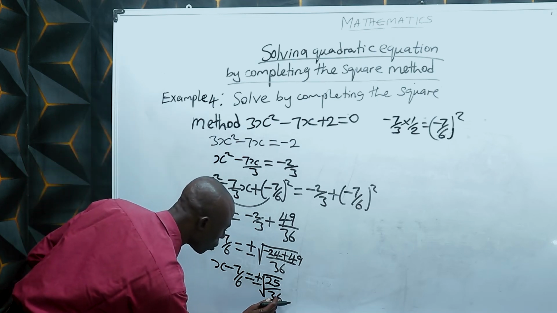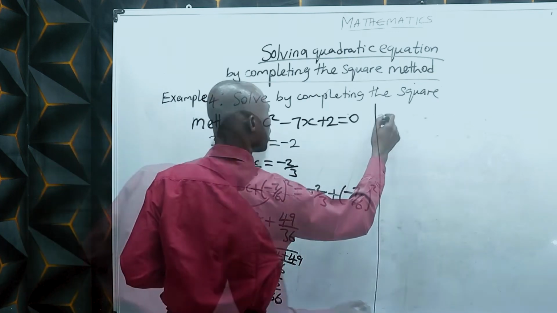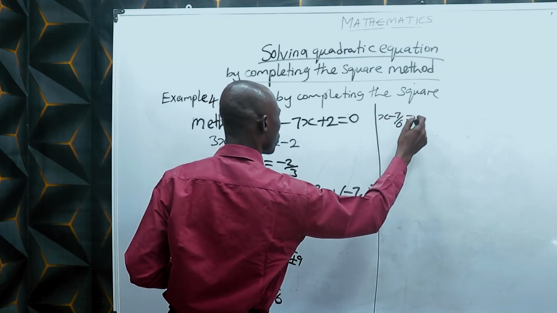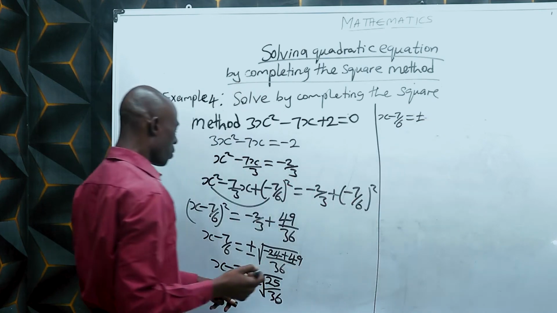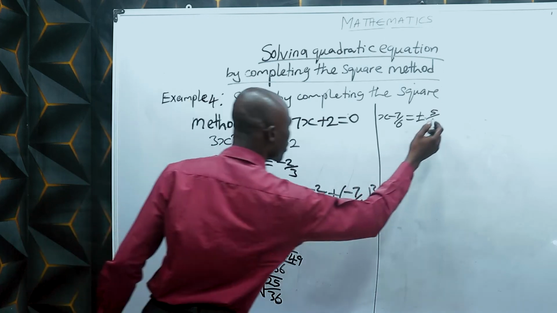Square root of 25 is 5, square root of 36 is 6.